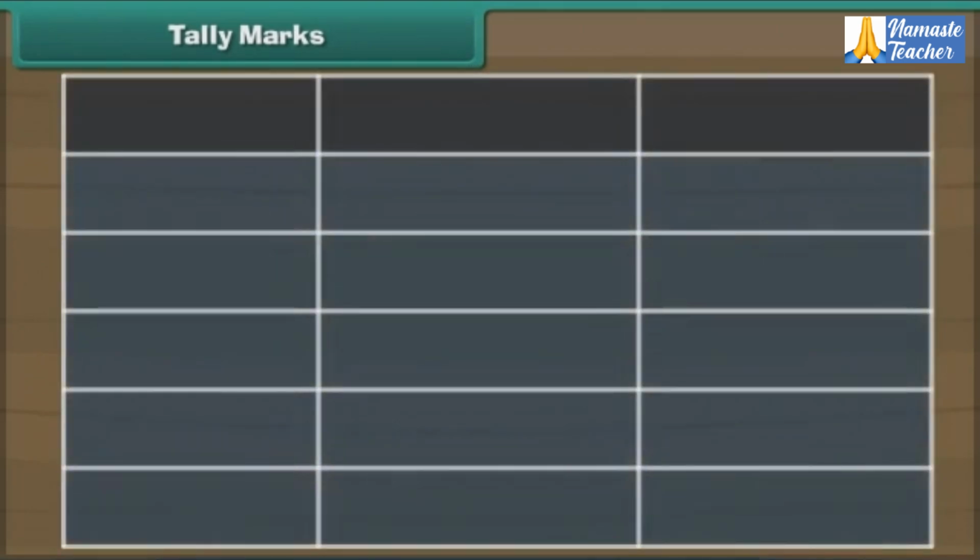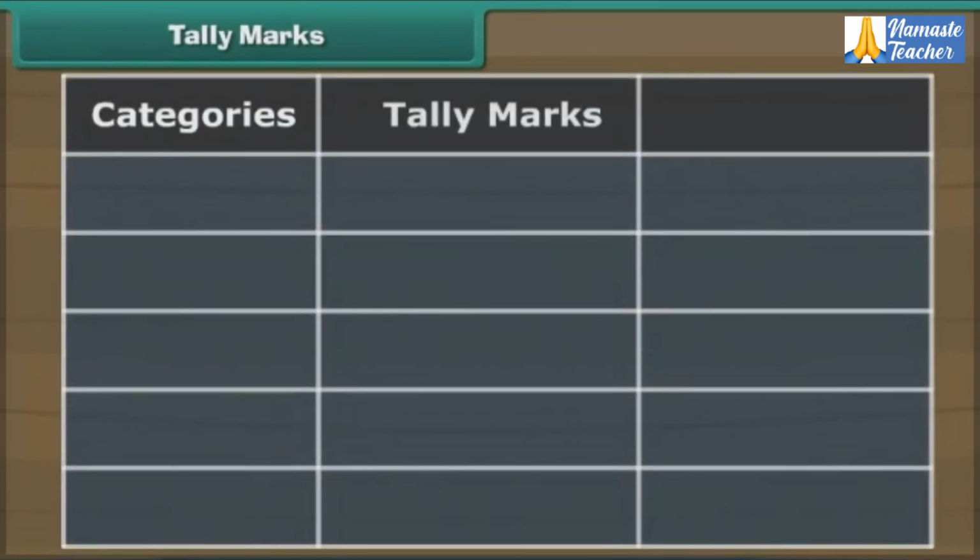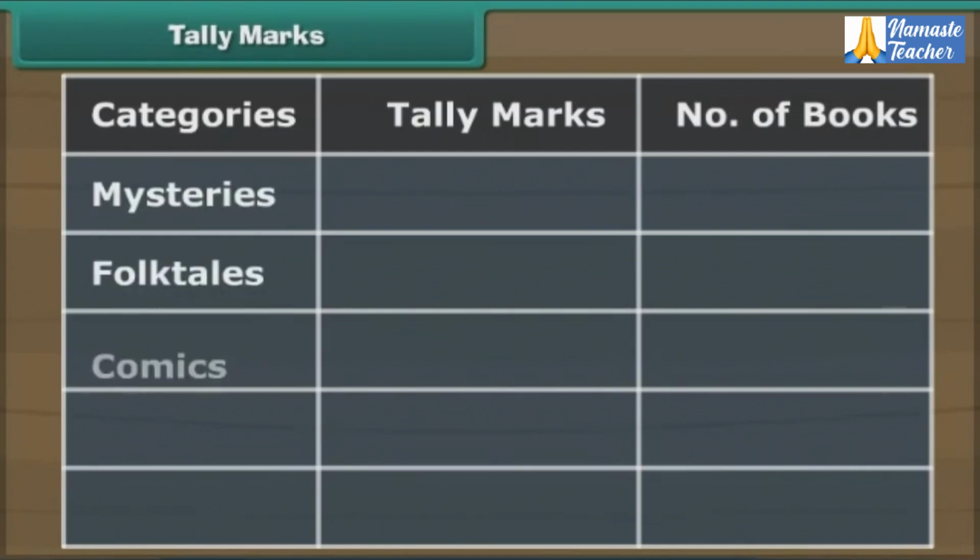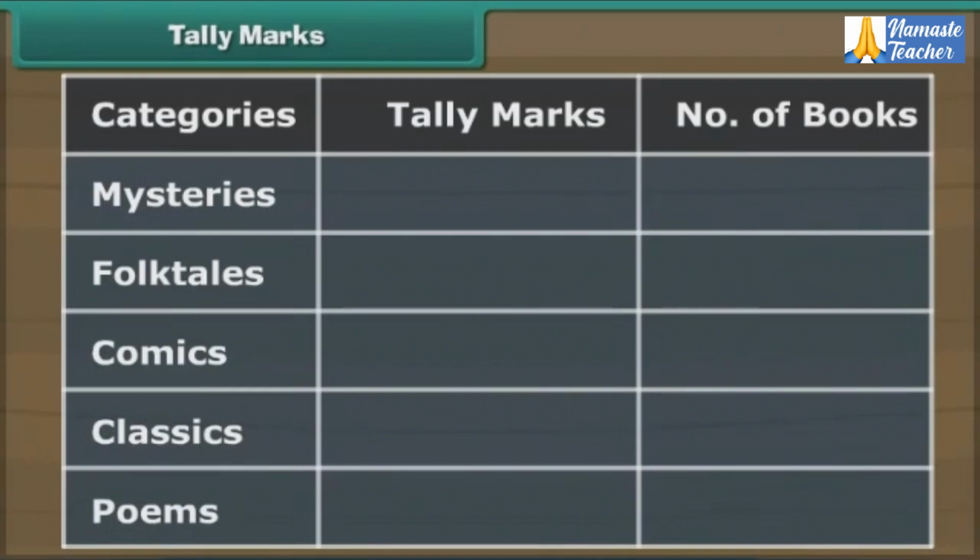Tally marks. Now let us organize Ravi's data with the help of tally marks. Make 3 columns: categories, tally marks, and number of books. Write down the 5 different categories under Categories column. Draw a vertical line against the Mysteries category under the Tally Marks column for the first book in the category.